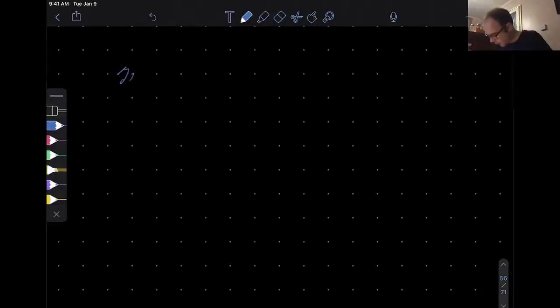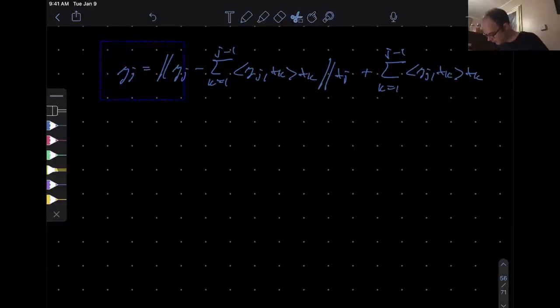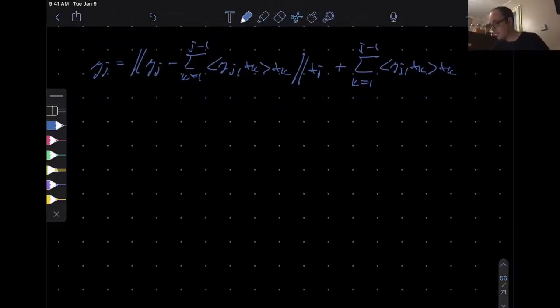We have y_j equal to the norm of y_j minus the sum over k from 1 to j minus 1 of the inner product of y_j with x_k times x_k, times x_j, and then that remaining sum over k from 1 to j minus 1 of the inner product of y_j with x_k times x_k. Okay, so what does this formula tell us?